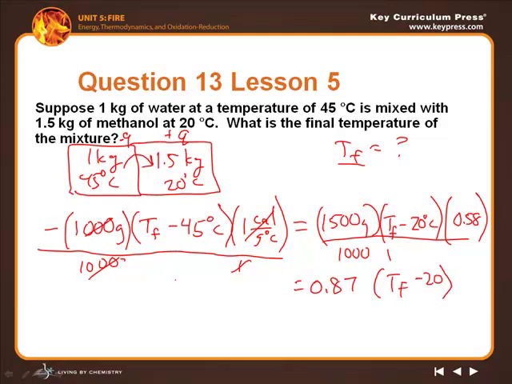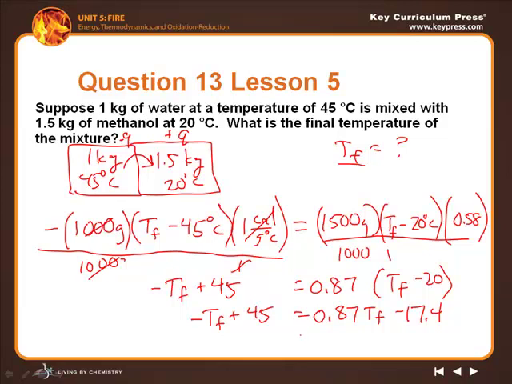On this side, we have negative temperature final plus 45. So now we distribute the 0.87 to the right side. 0.87 times temperature final, minus 20 times 0.87 is negative 17.4. And this equals negative temperature final plus 45.